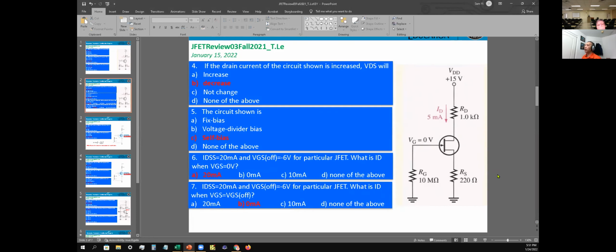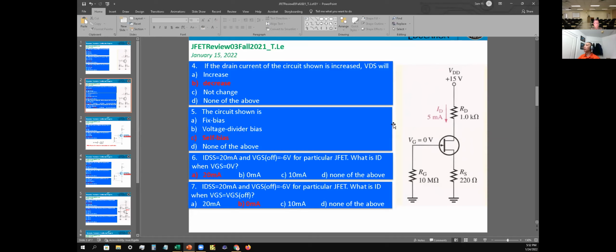Okay, number 4, if the drain current of the circuit shown is increased, VDS will. So you increase the current, but you're going to be decreasing the voltage. If you keep everything constant, just almost follow Ohm's law: if you increase the current, you have to decrease the voltage.